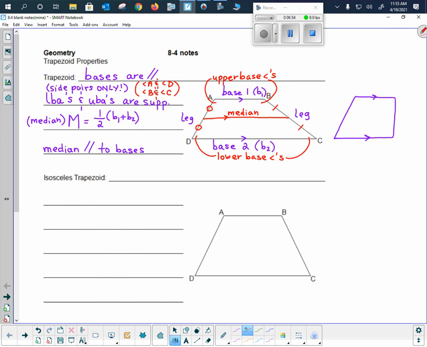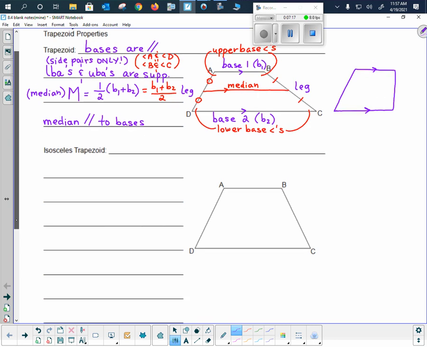So you could think of the b sub 1 plus b sub 2 over 1. And if you multiplied straight across, sometimes it's easier for people to just write this as b sub 1 plus b sub 2 all over 2. That's the same thing, okay, just in a different form. So you will be using that to calculate things. Okay?